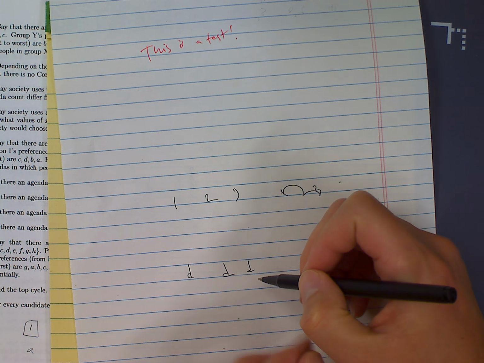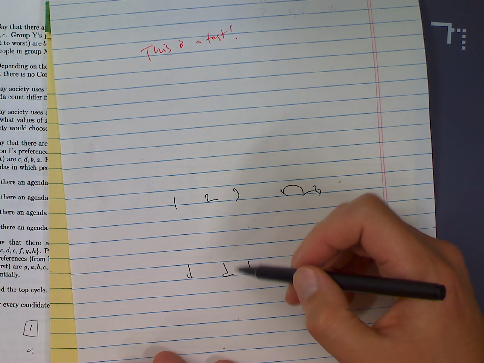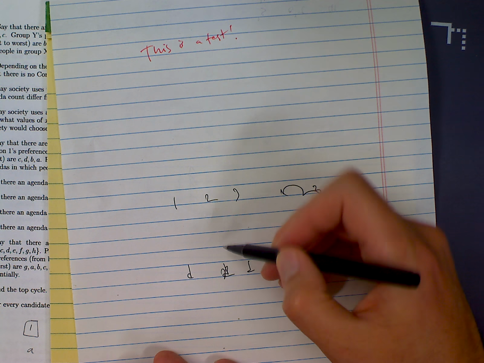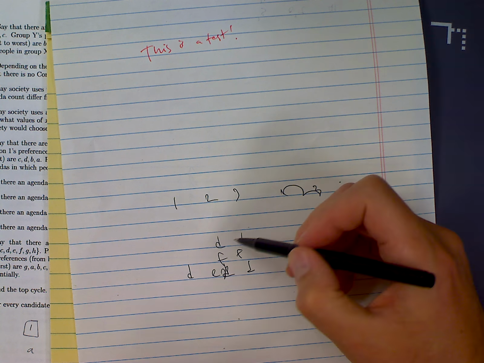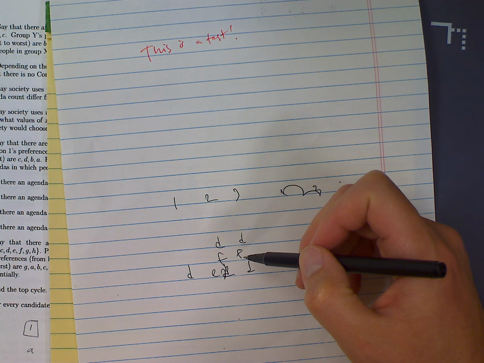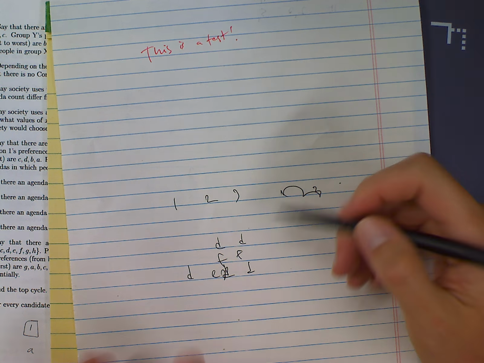Obviously, if it's everyone's worst choice, it's not going to be a Condorcet winner, just because it doesn't beat anything. But say you have D, E, F, whatever. Even though D might be really low, it still might beat somebody, which might beat somebody else, etc. So you have to check every single pairwise matchup.